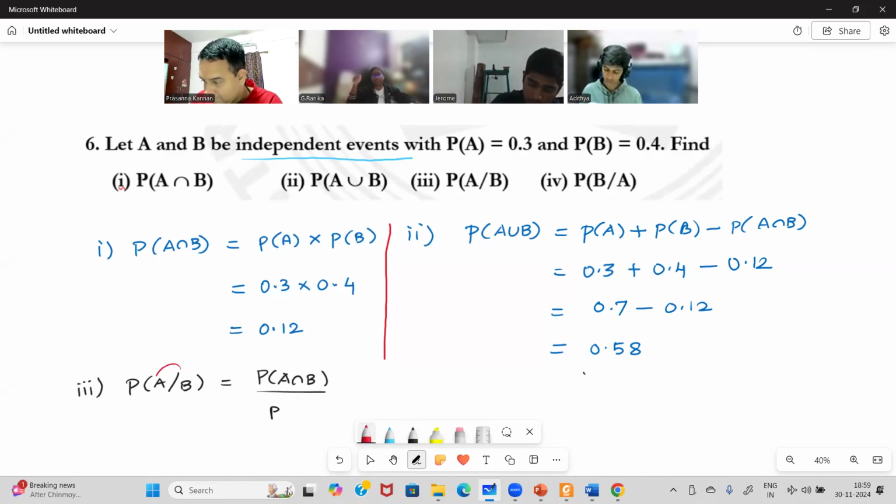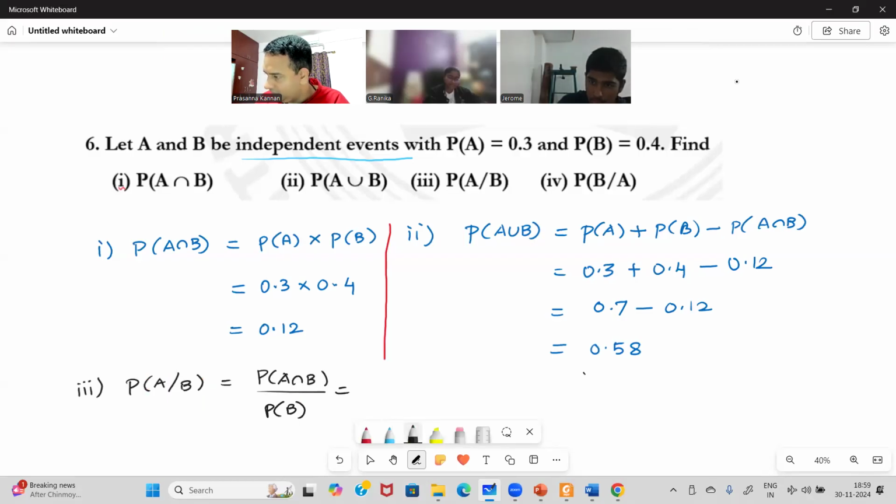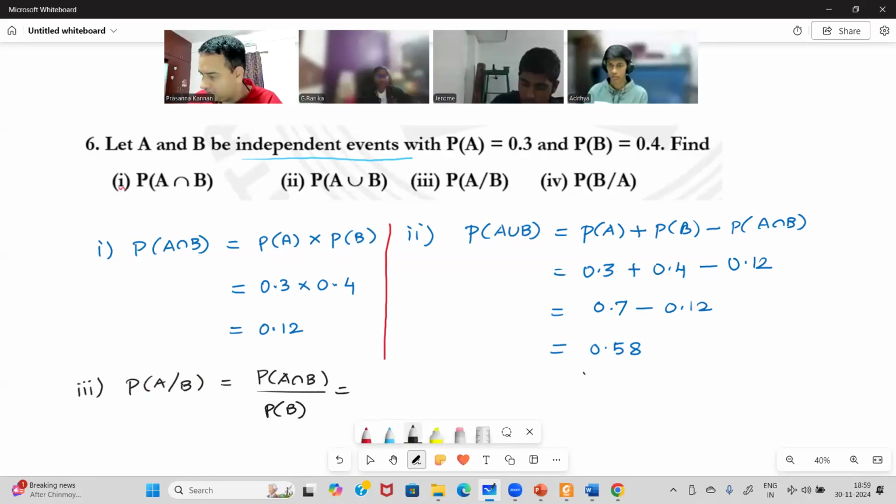P of A intersection B by P of B, sir. Yes, you have to be careful about that, Anika. So it's P of A intersection B by P of B. So what is it going to be? What is P of A intersection B? 0.12 by 0.4, sir. So what is the answer?